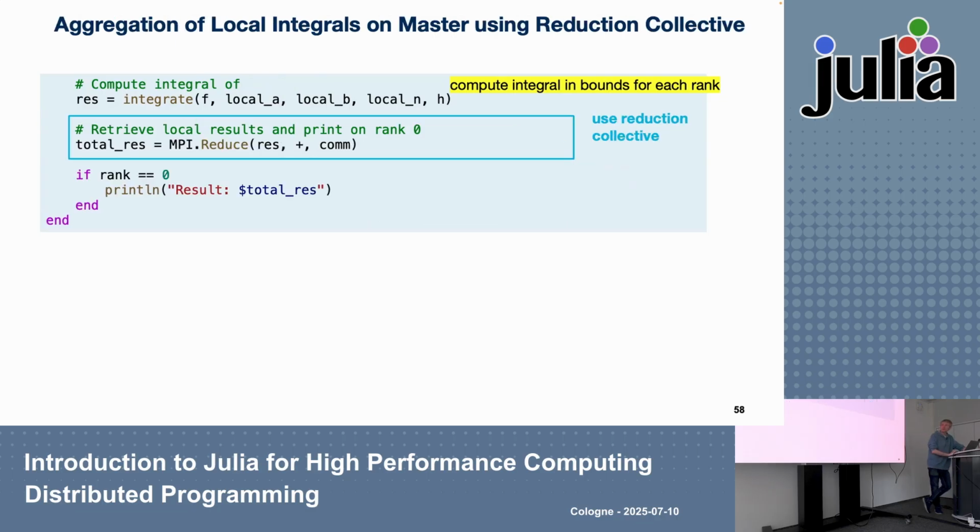But in this case, it's also a nice way to just use the reduce function, where everyone sends their result value, and then MPI will take care of the reduction, and the root rank will receive the total result.